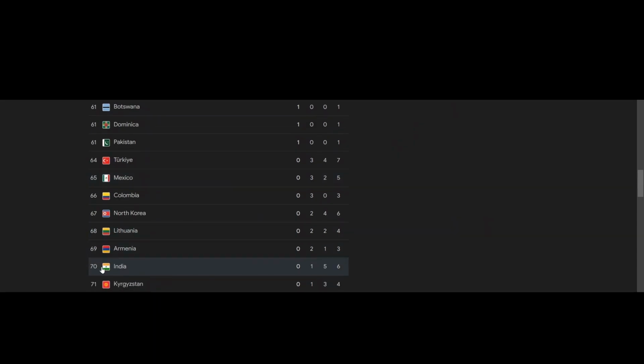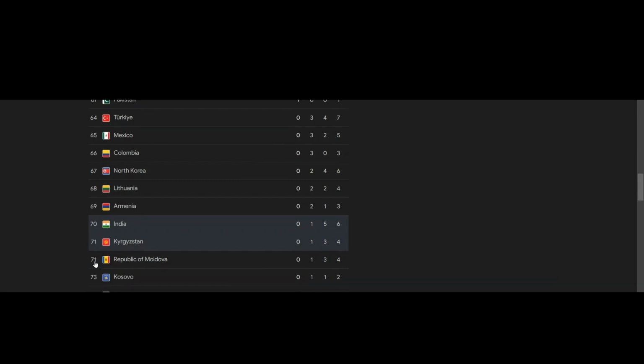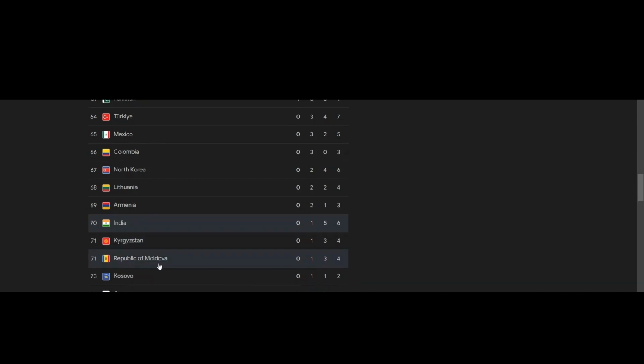India currently is ranking 70, although they have a tally of 6. So they are above Kyrgyzstan, who is getting rank 71. But if you look at it, Kyrgyzstan and Republic of Moldova, both of them have received a rank of 71, and their medal tally is 4, and their medal positioning is also the same.